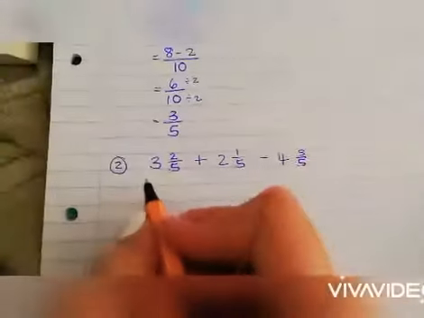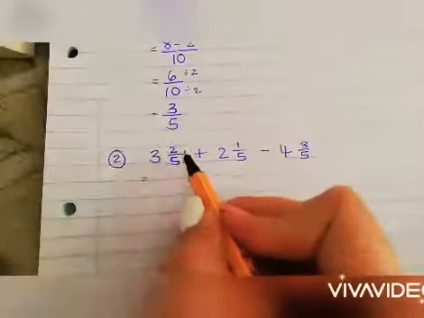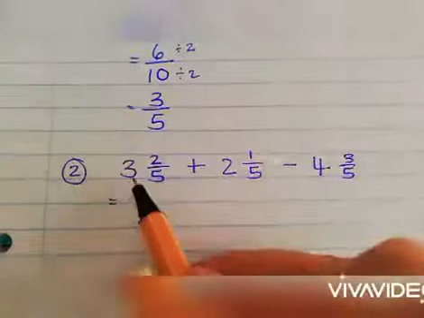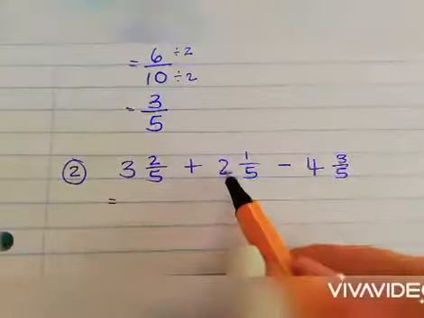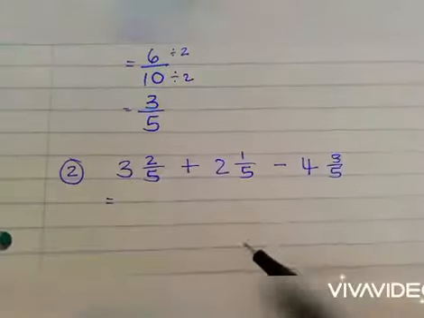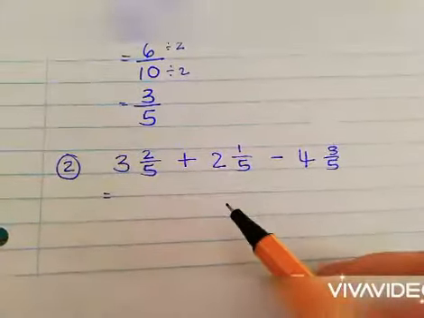Okay, so let's try this one. What you can do, you can either change all of these into improper fractions, or you can put all the whole numbers together first, and then you can do all the fractions. I like doing it that way, especially if it's adding and subtracting, but you can do it either way.